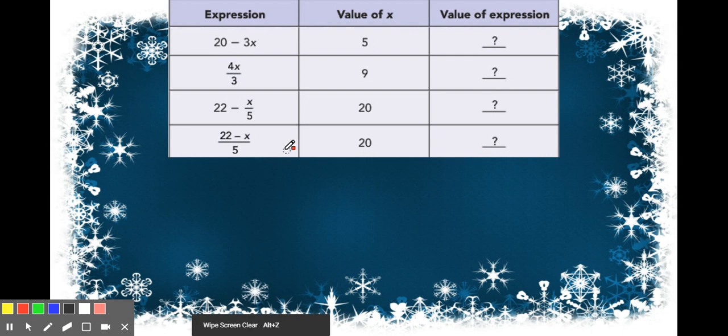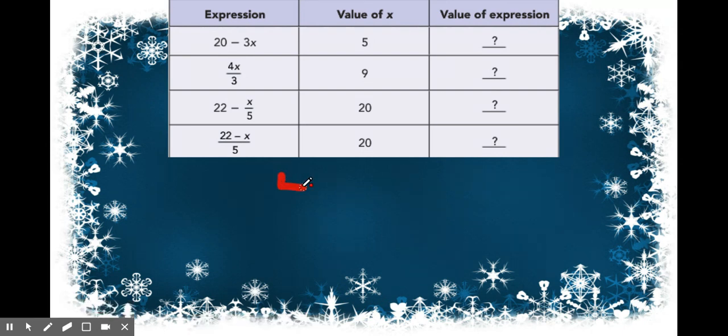Our next one is 4x divided by 3. So instead of 4 times x, I'm going to have 4 times 9 divided by 3. What's important to know is whenever we are dividing, we always have to make sure that we solve our numerator and our denominator before we divide.